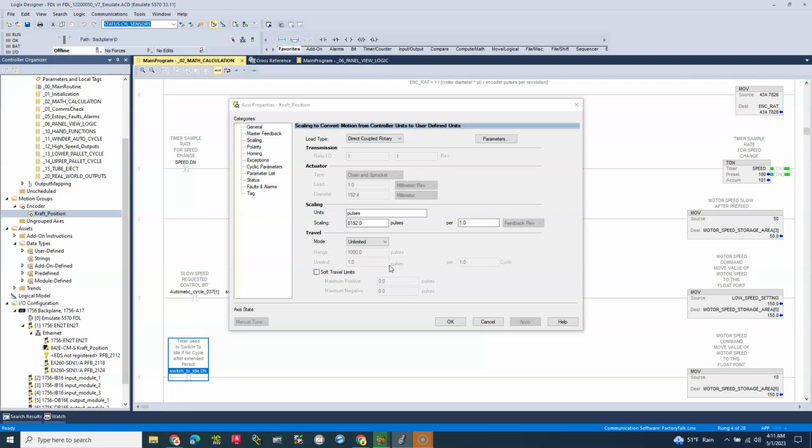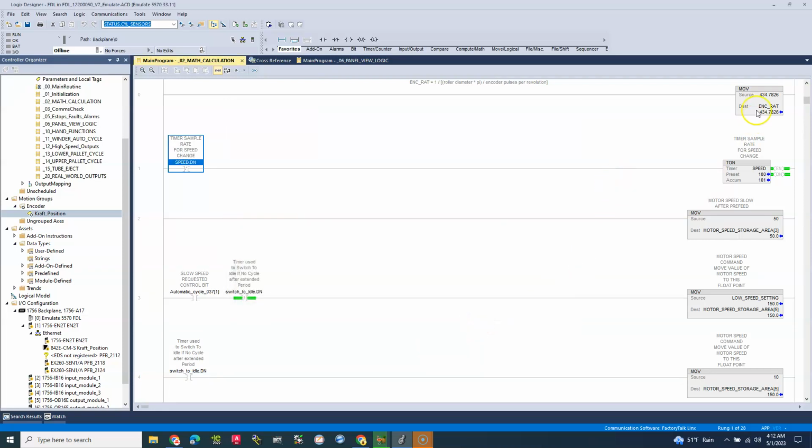So we have 8,192 pulses per revolution. That is our encoder ratio, right? And currently, when we stop this program, we have 434 in our encoder ratio.